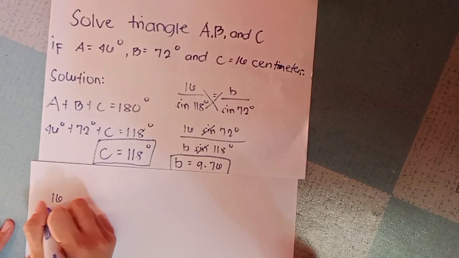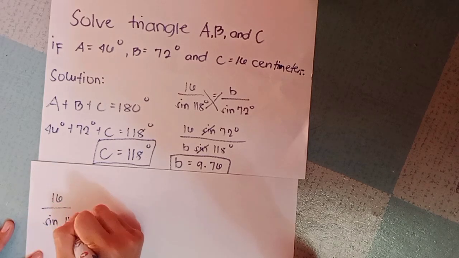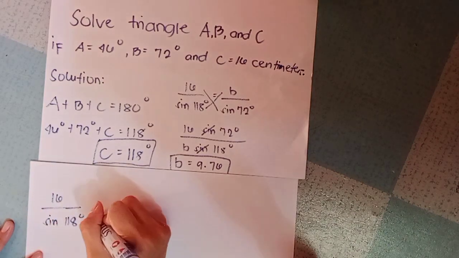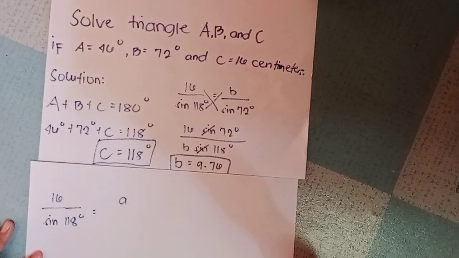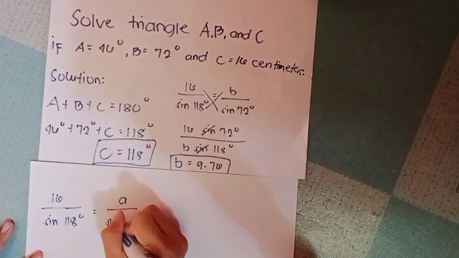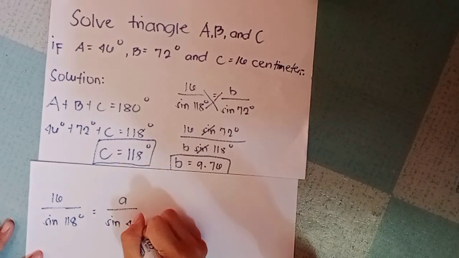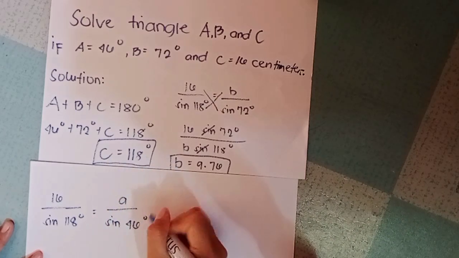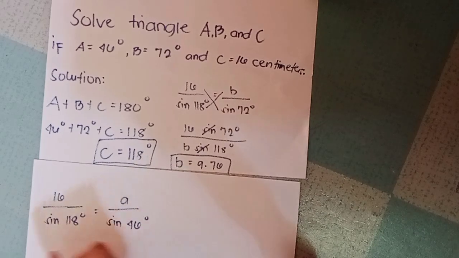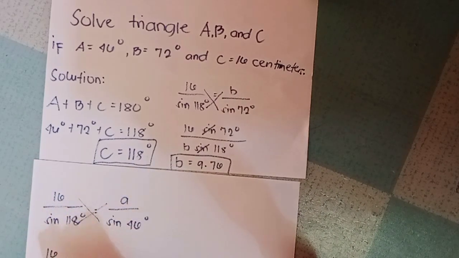So now lastly we get side a. The same formula we use: side c over sine C equals side a over sine A. So 16 over sine 118 degrees equals a over sine 46 degrees.